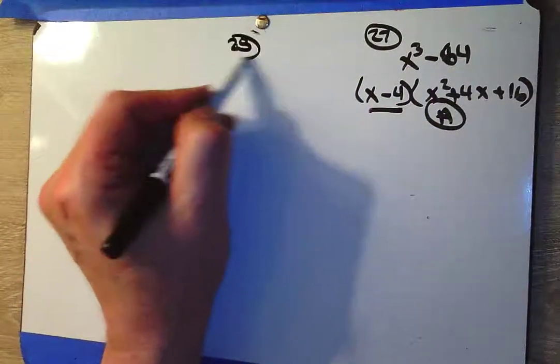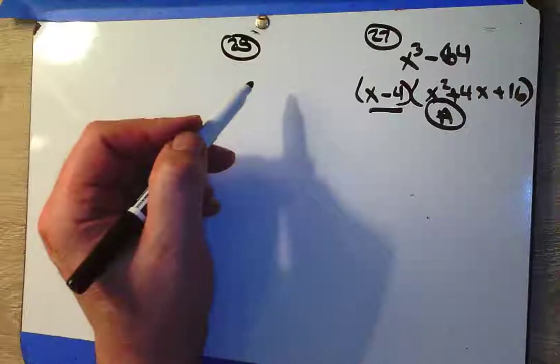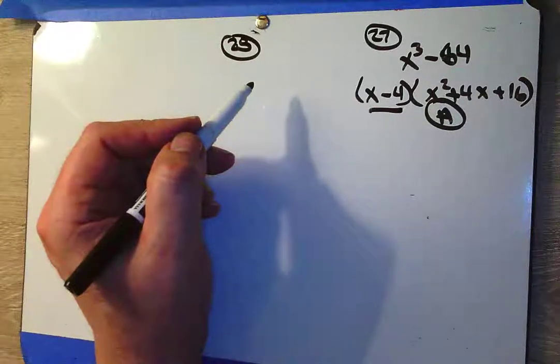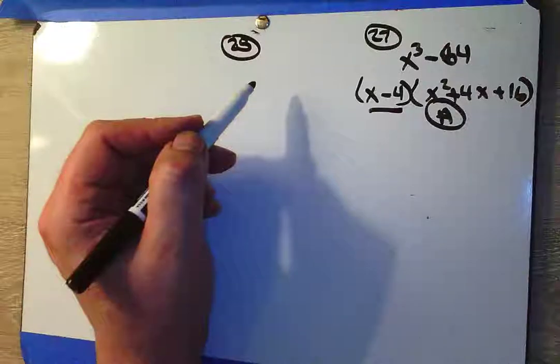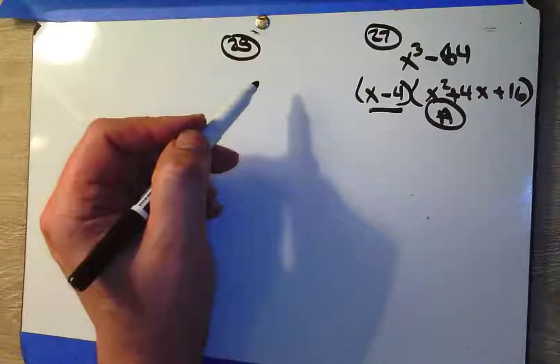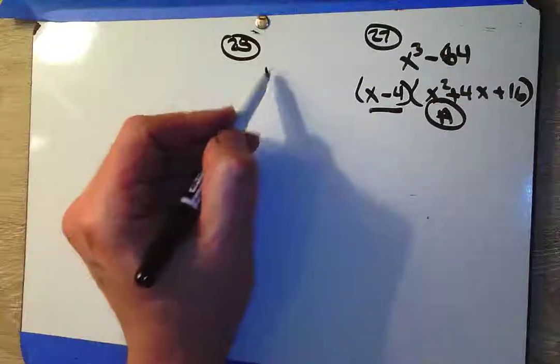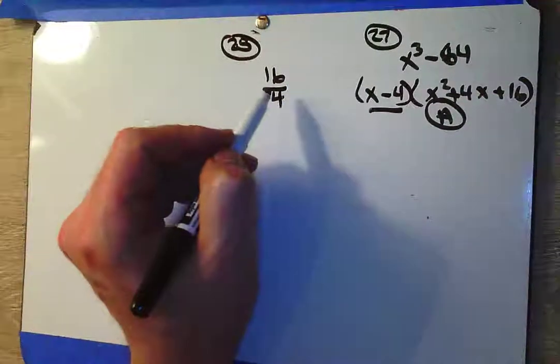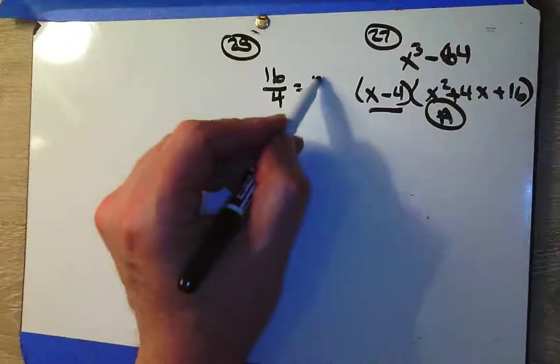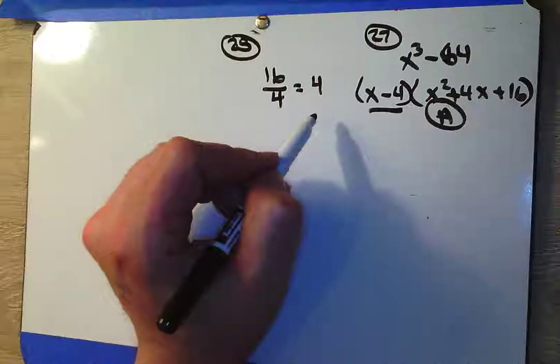Okay, what about 28? 28 says the average of a list of 4 numbers is 90. A new list of 4 numbers has the same first 3, but the 4th number in the original list is 80, and the 4th number in the new list is 96. What's the average of the new list? Well, I kind of want to say the difference between those two numbers is 16, and I have a total of 4 numbers, so my average is going to go up by 4.